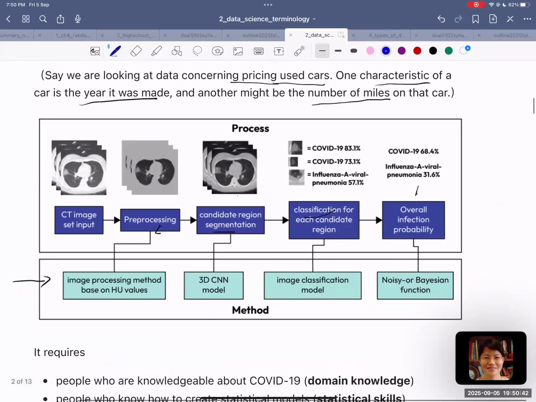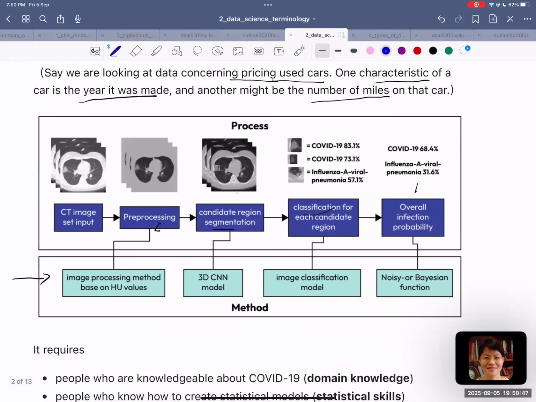Here, look at one example. For example, if you have a CT image set, here is the input and then the output. For the input, a CT image set, you have some 3D objects, and then you have the pre-processing, 预处理, and then next you have to do the region segmentation, 区域分割.